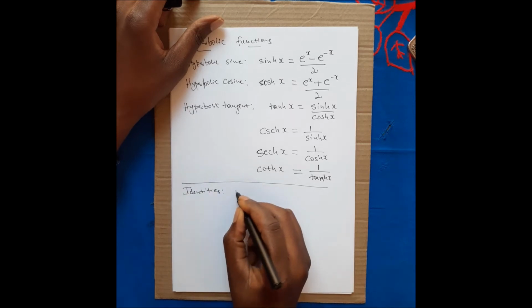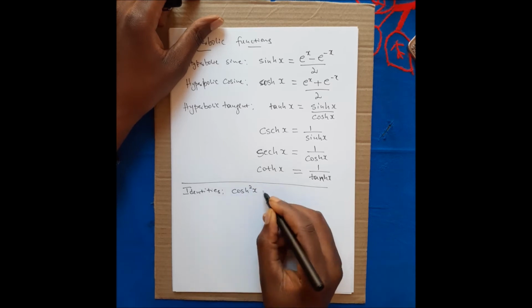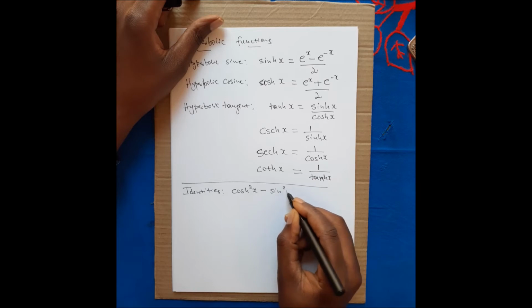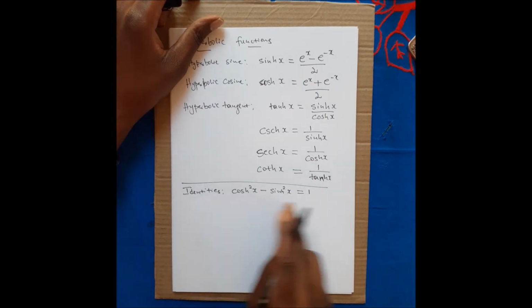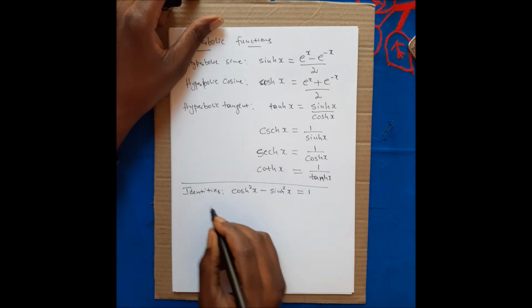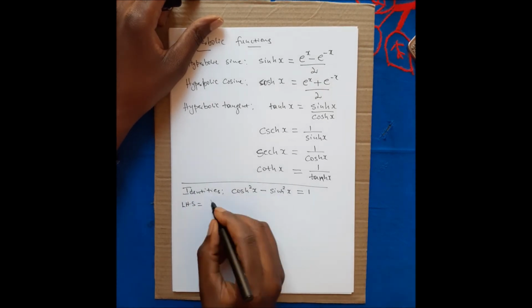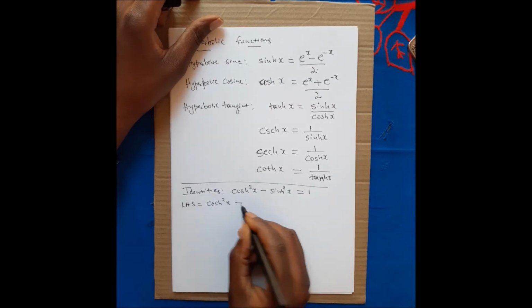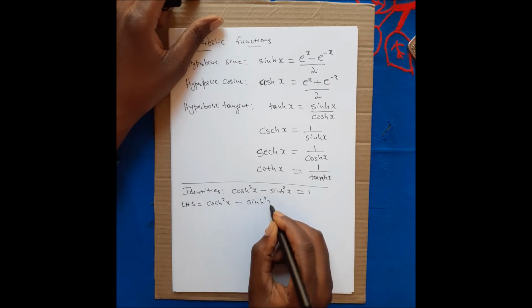The first one is that cosh squared of x minus sinh squared of x is equal to 1. So if you take the left hand side, it will give you the cosh squared of x, then you are subtracting the sinh squared of x.